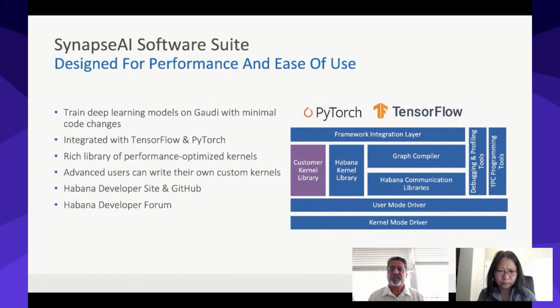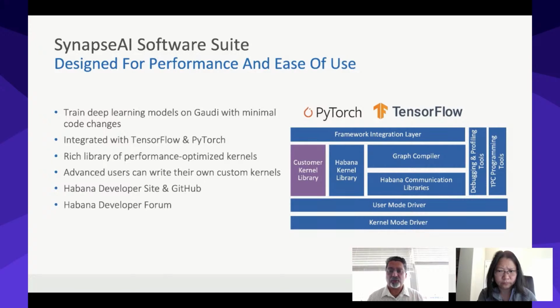Now, certainly, if you're writing a PyTorch training script and you've explicitly targeted the GPU and you've tuned your model with the batch size most appropriate for a particular GPU, yeah, you'll have to change some of those things in order to extract the maximum performance out of Gaudi.